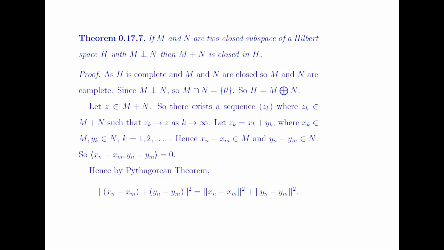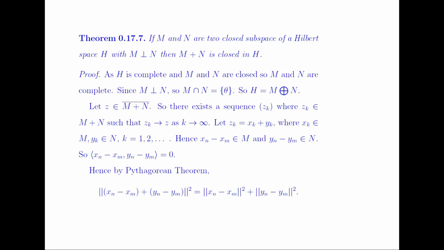In a complete inner product space, a closed subspace is complete, so M and N are complete. Since M is perpendicular to N, the intersection of M and N is the zero vector. So H is a direct sum of M and N.